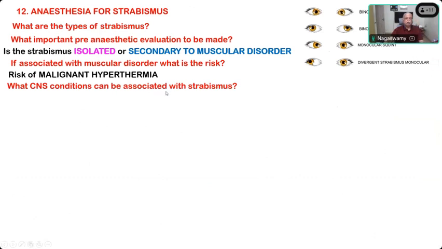CNS conditions? So the answer for this is Duchenne's. Malignant hyperthermia is also another complication that can happen in strabismus surgery. So what CNS conditions can be associated with strabismus? Any neurological conditions?